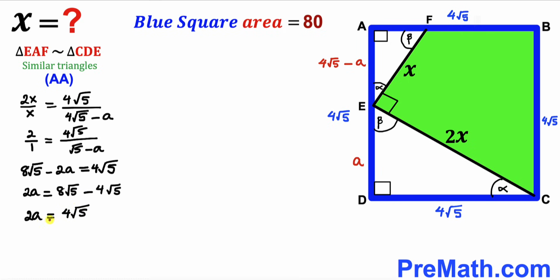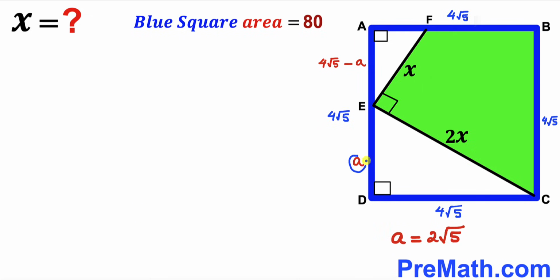Now I'm going to divide both sides by 2 to solve for lowercase a. So this lowercase a value turns out to be 2 times the square root of 5.